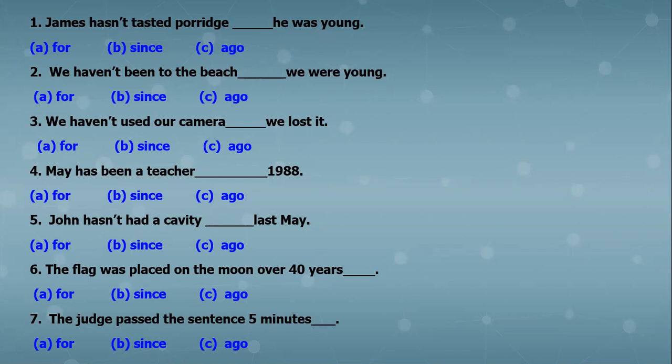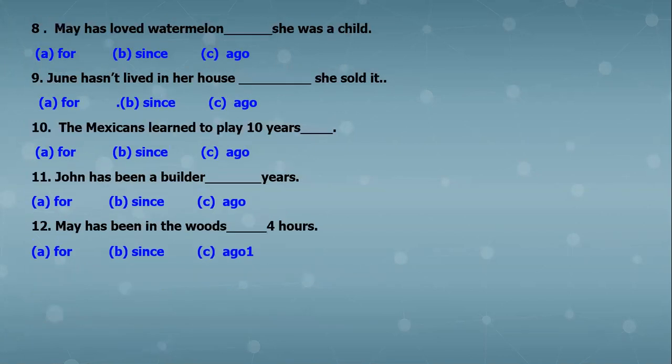Okay, let's look at more examples. May has loved watermelon since she was a child. When did she start loving watermelon? Since she was a child. June hasn't lived in her house since she sold it. So when did she start not living in her house?